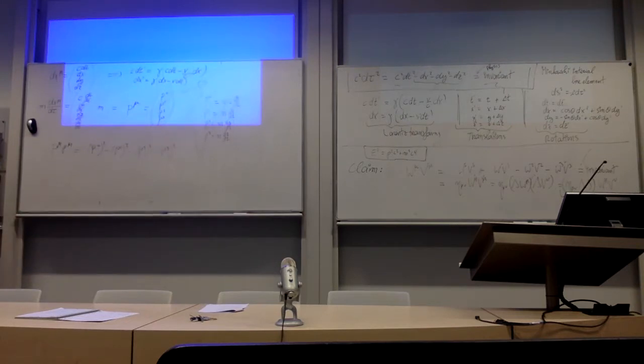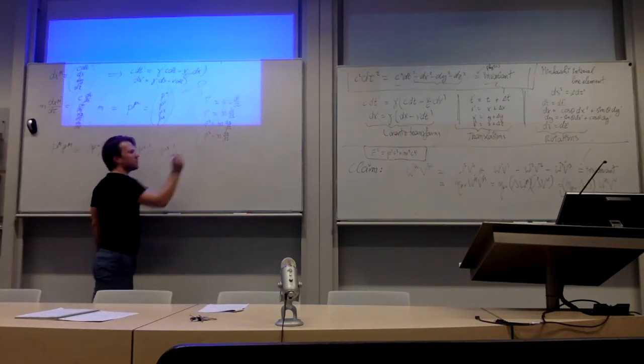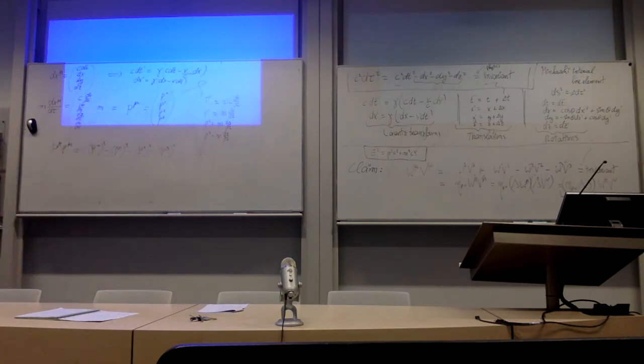Is this invariant? Checking question? Yes, it is, because each of them is a 4 vector, and this combination of 4 vectors we just proved is always going to be invariant. What will come out of here is some number, and that number is going to be the same for all observers, even though their p's are going to be different. Let's calculate what that number is.